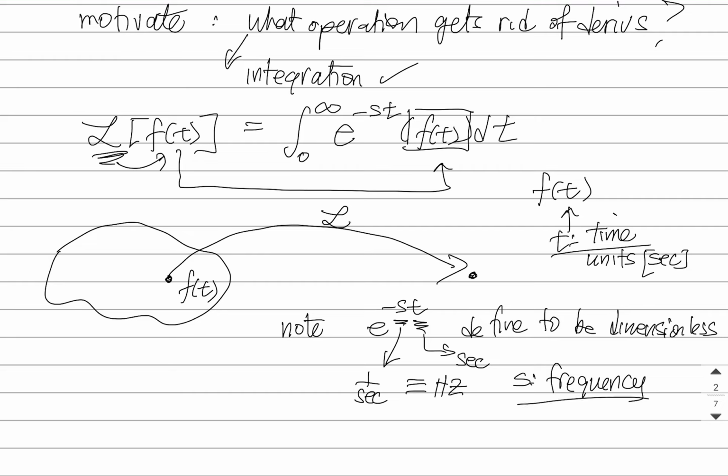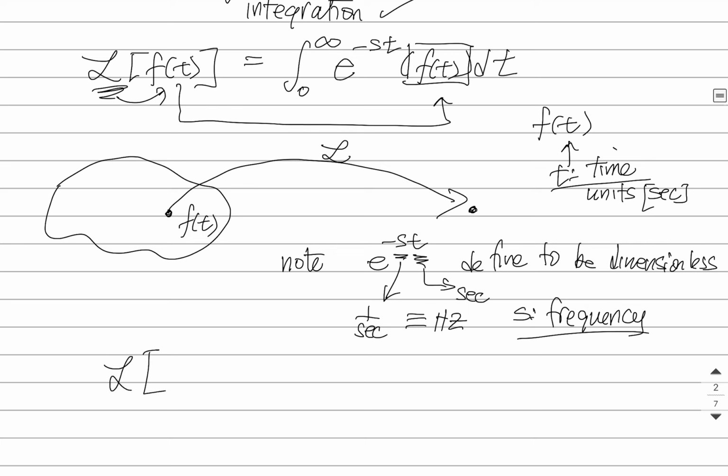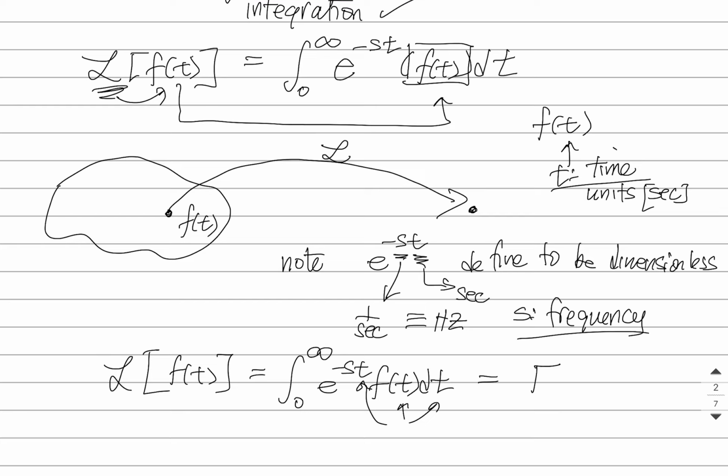Now the idea here is that when we take this operation L and we apply it to our function, we will be integrating it. And because we're integrating it with respect to t, there will be no more contribution of t left. All that will be left will be some new function, but it will only be a function of s.